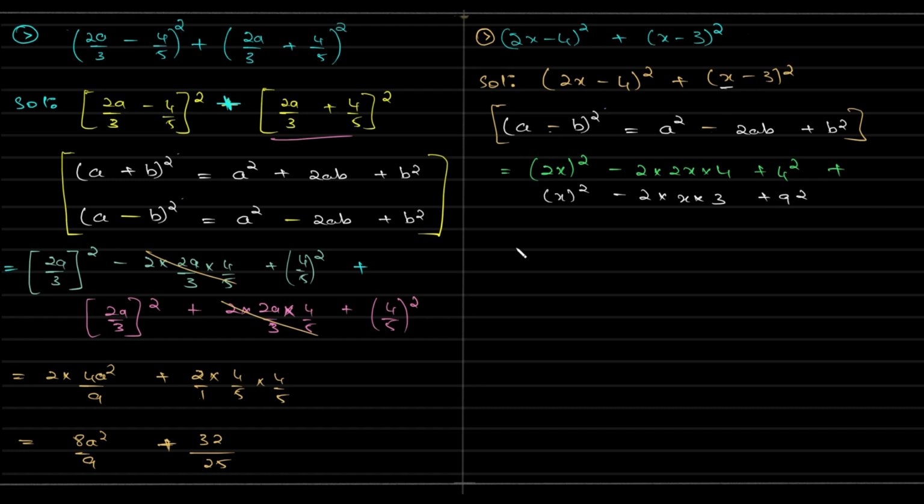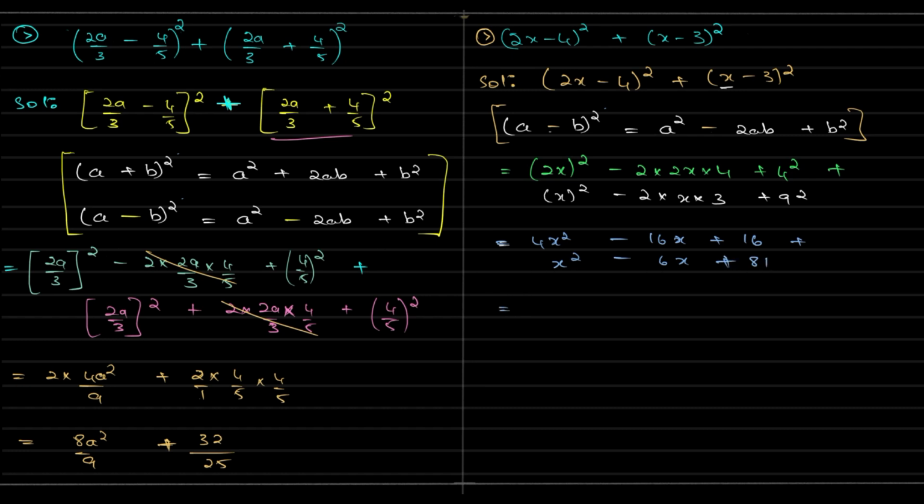Plus 9 square. I just have to solve this. So this is nothing but 4x square in the first term, minus 2 into 4 is 16x, plus 16, plus x square. Minus 6x plus 81. Right?